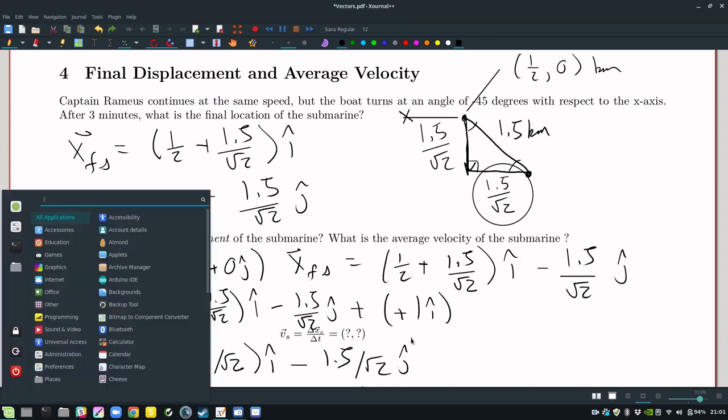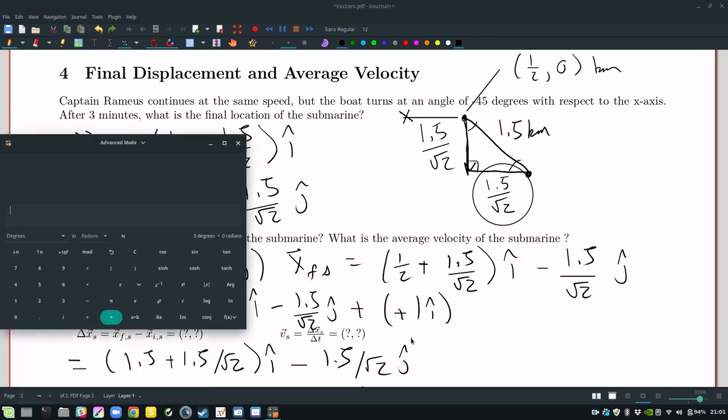So what are those numbers in terms of decimal points? So 1.5 plus 1.5 divided by the square root of 2 is 2.56, and then 1.5 divided by the square root of 2 is 1.06.